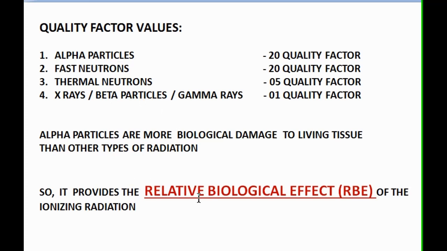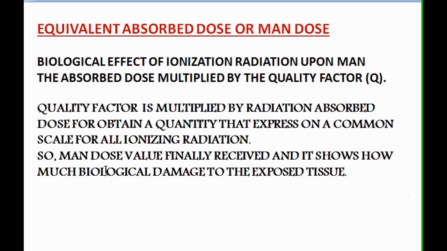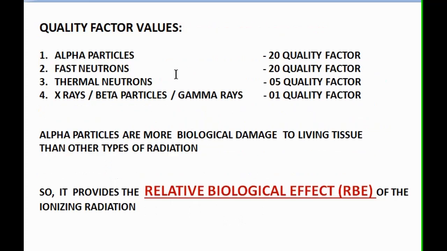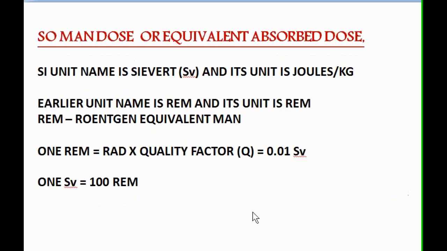So it provides the relative biological effect, that is RBE, of ionizing radiation. The quality factor provides the relative biological effect; that is, the equivalent absorbed dose or man dose provides the relative biological effect of the ionizing radiation. For man dose or equivalent absorbed dose, the SI unit name is sievert and the unit is joules per kilogram.